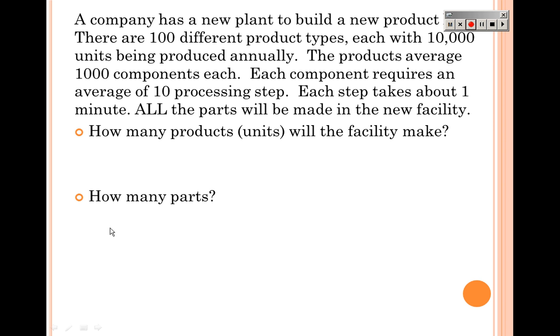Then for that one we get 1 billion parts. Is this making sense to you about how this works? We just have to be careful because sometimes these questions use one word in the statement and another word in the question.